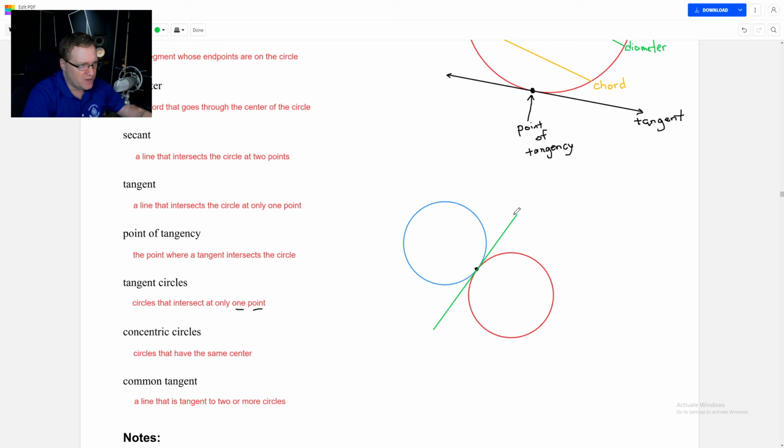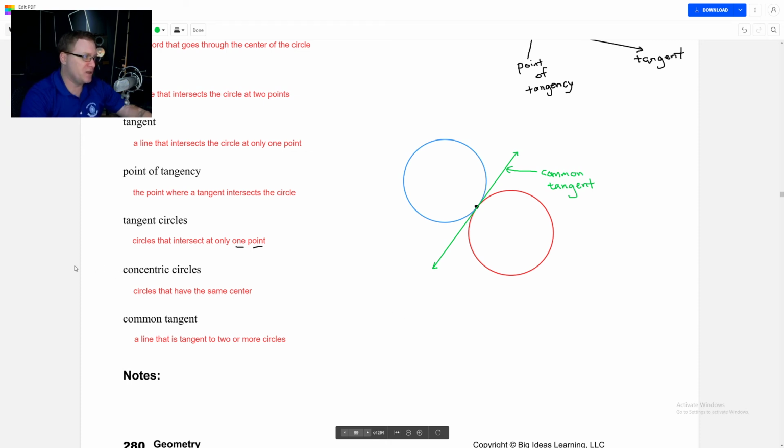This line is called the common tangent. That's this last word here. So we have tangent circles because they touch at one point and they have a common tangent. This one line touches each of these circles at one point, so it's called the common tangent.